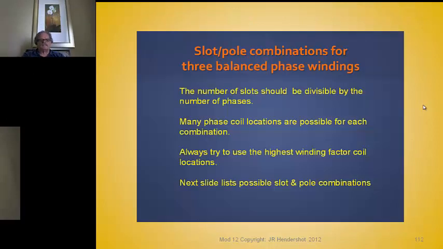Now, what about the stator pole slot combinations for three-phase balanced windings? We discussed that in the last section, and I gave you a chart of the ones to avoid. This time I'm going to give you a chart of the ones that work.